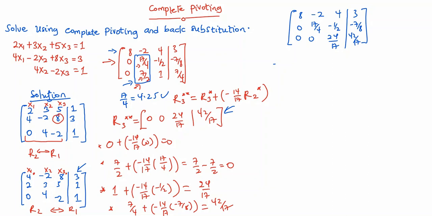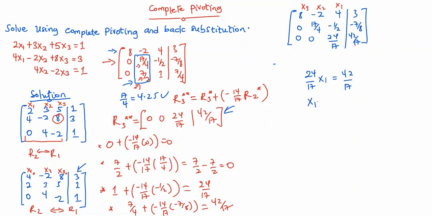Don't forget that we now have our x3 here, and then our x1 here, and then our x2 is still here. So don't forget that as soon as you interchange it, your answers are going to be different. You will interchange your answers also. So now let's look at our answers. You're going to have 24 on 17 x1 equal to 42 on 17, right?